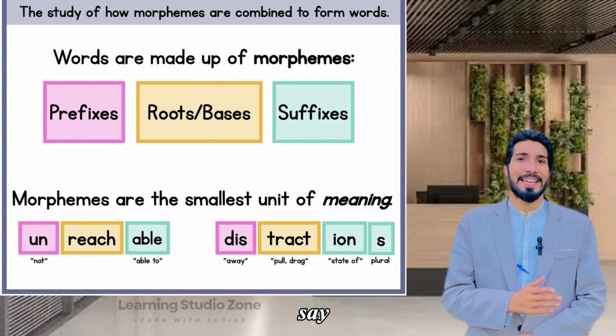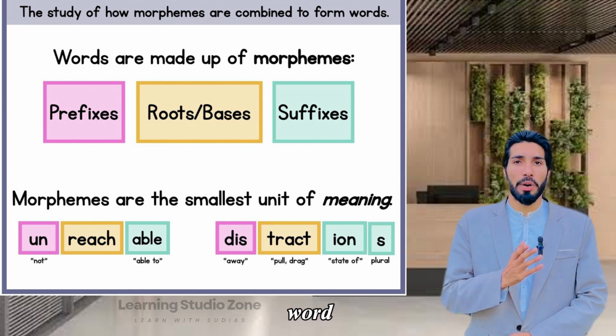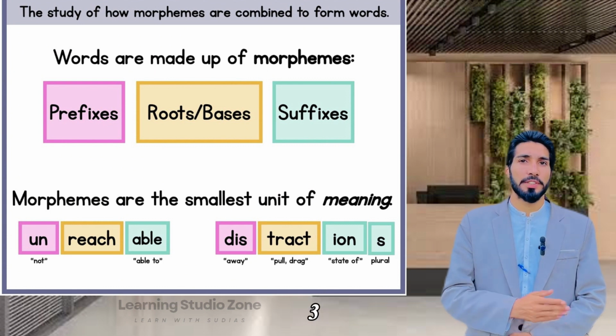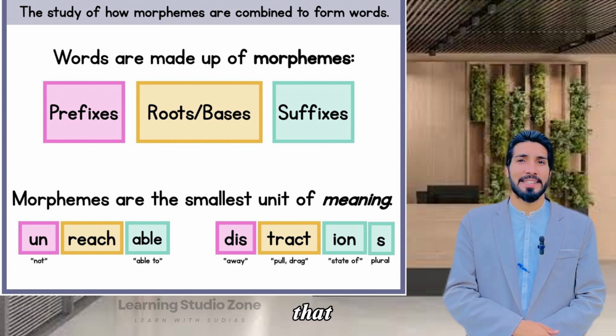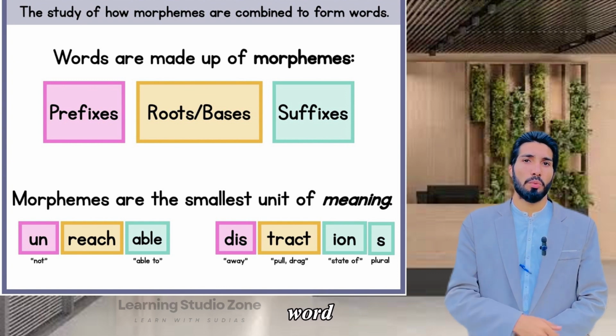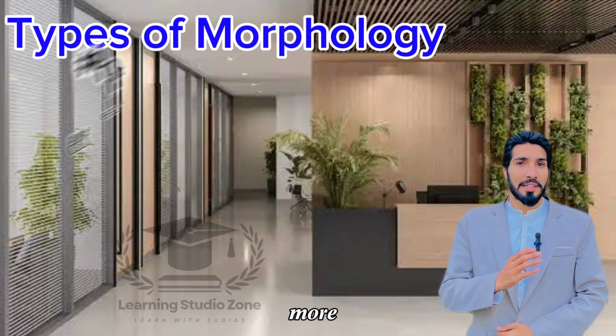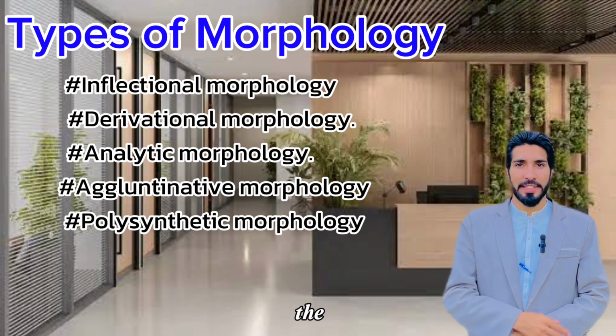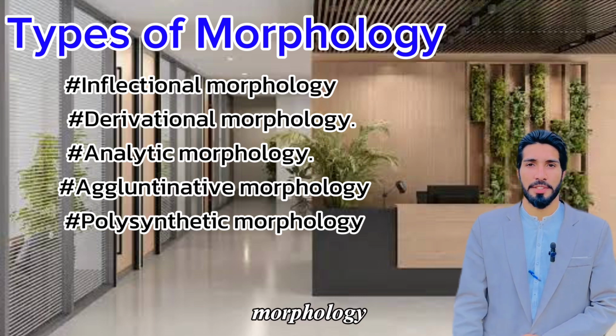So we can say that a word may consist of different morphemes: one morpheme, two morphemes, three morphemes, or four morphemes, etc. So simply we can say that morphology is the study of how morphemes are combined to form a well-formed word. To know more clearly about morphology, we must know the different types of morphology. So let's know about the types of morphology.